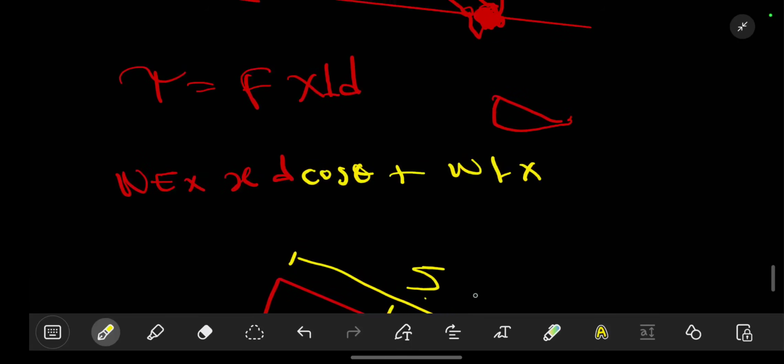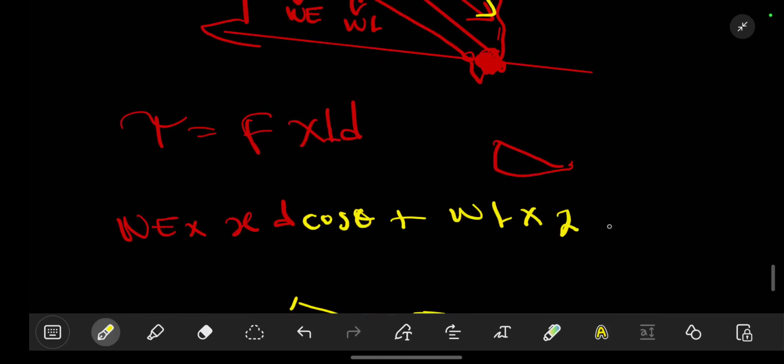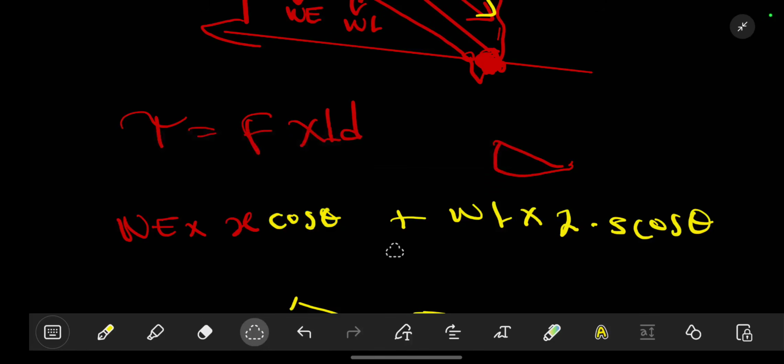So we say times the distance 2.5, then our cos of our angle theta. Here the distance of the electrician is x, so we can just say x.